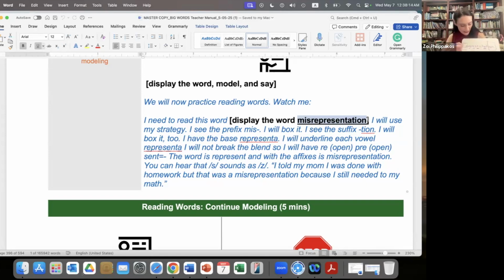So I will have re, pre, open, sent. The word is "represent." And with the affix it is "representation." Oh, you can hear the sound as z.